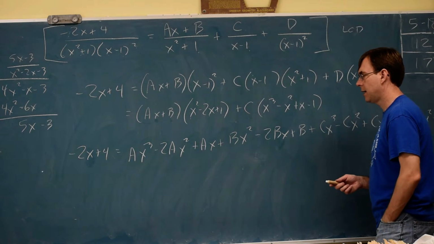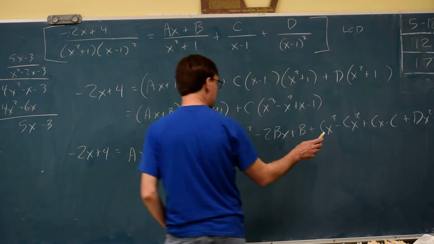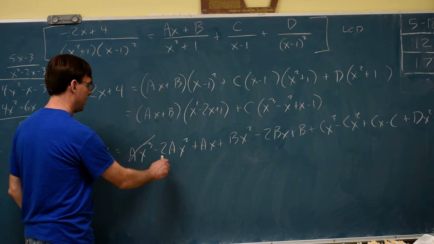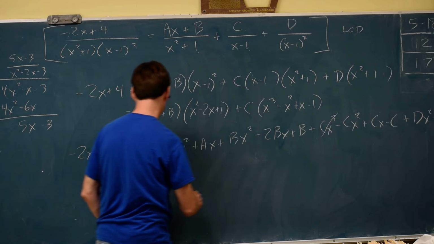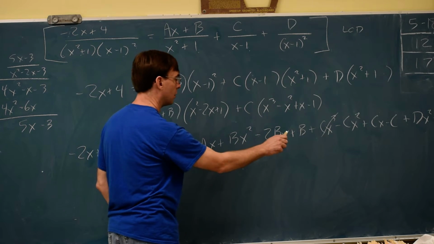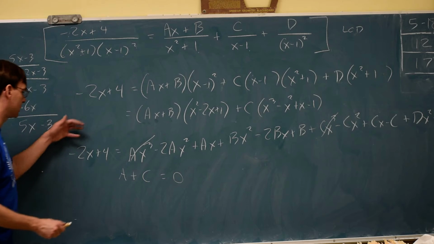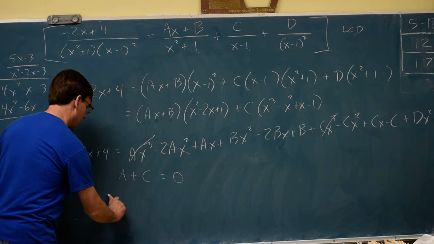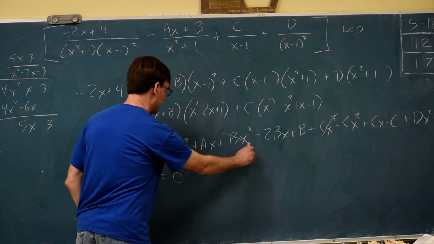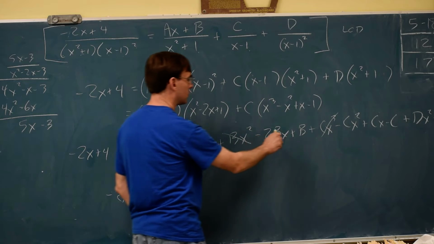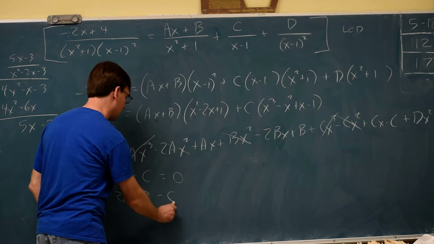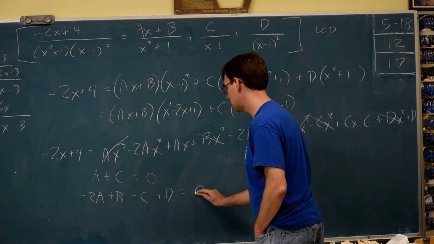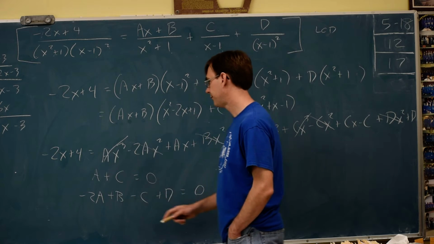Then we look to make some equations. The highest power of x's that I see is 3 of them. Here I have an a plus a c, and that would equal 0 because there are no x cubes over there. For x squareds, there's a negative 2a plus a b minus a c plus a d, and that also equals 0 because there's no x squareds over there.